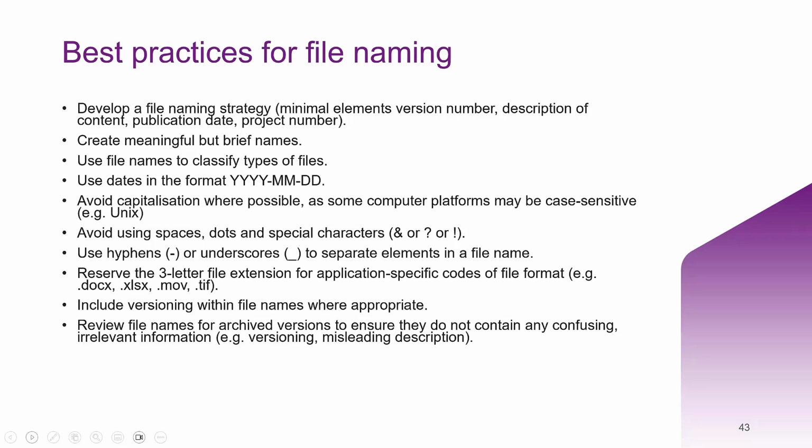Making sure that you don't include the extension within the name. We have seen it happen, for example, user guide docx, just trying to keep that extension just as the extension. Including the versioning, of course, and reviewing the file names for archive version to ensure that they do not contain any confusing or irrelevant information.